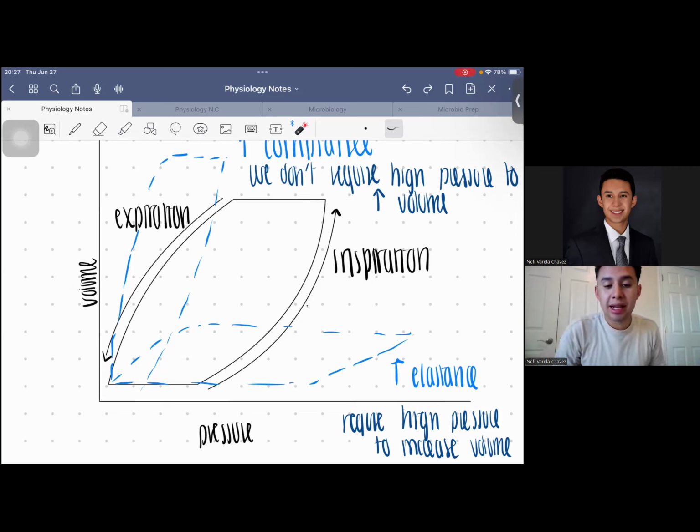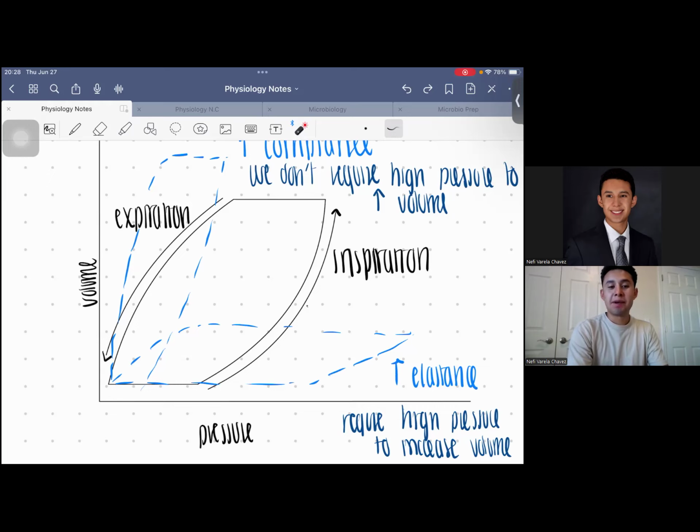But when we increase elastance, imagine that, for example, this bag had thicker plastic, right? Filling it with air will be harder to do because it's harder to pull this bag apart, like to fill it with air. That's what I'm trying to say. So with higher elastance, we need a really big pressure to increase volume.